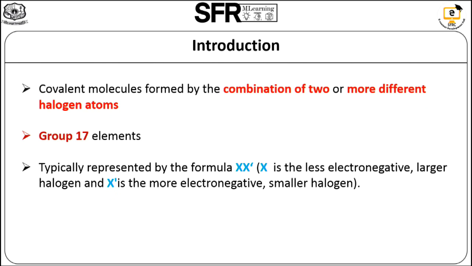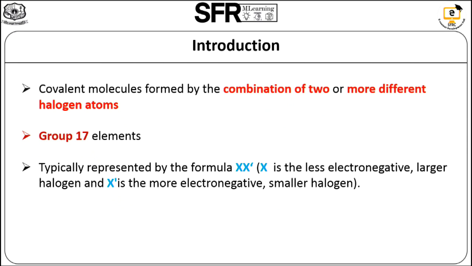Interhalogen compounds are covalent molecules. They are formed by the combination of two or more halogens. We all know that halogens are in the periodic table, belonging to group 17. The halogen family members are fluorine, chlorine, bromine, iodine and astatine.